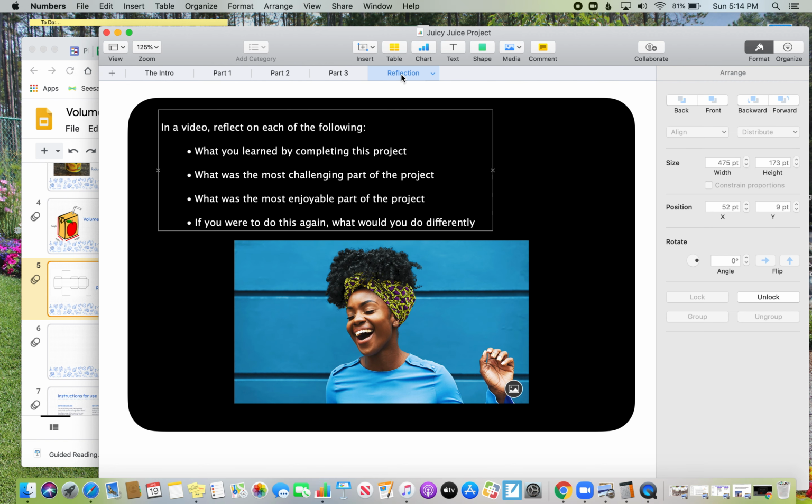And then on the very last page, you're going to add a video reflection telling about what you learned by completing this project, what was the most challenging part of the project, what did you enjoy about doing this project, and if you were to do this project all over again, is there anything that you would do differently? So hopefully you enjoy this Juicy Juice project, and I look forward to seeing the containers that you create.